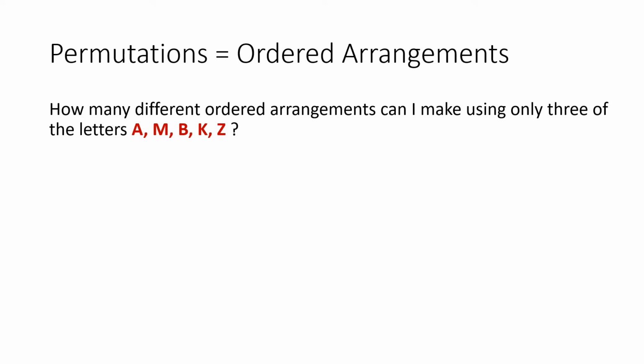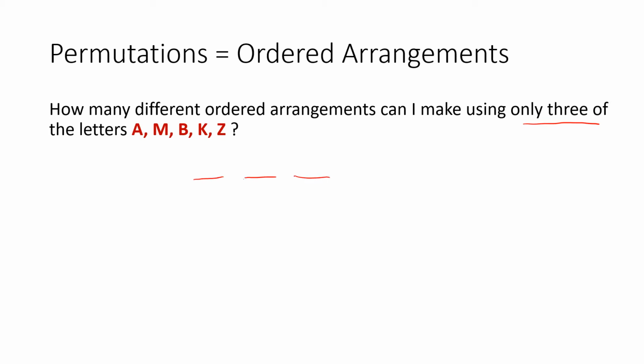Sometimes we might want to make ordered arrangements without using all of the items. So for instance, in this situation, I'm going to be interested in how many different ordered arrangements I can make using only 3 of these letters. So I've got 5 letters, but I'm only going to use 3 of them. So again, we're going to think about the multiplication principle. I'm going to make 3 choices.